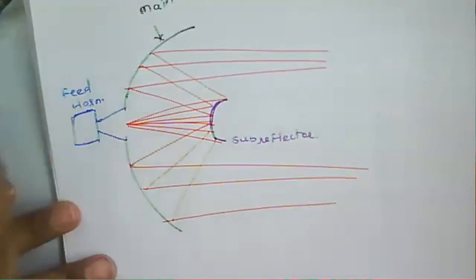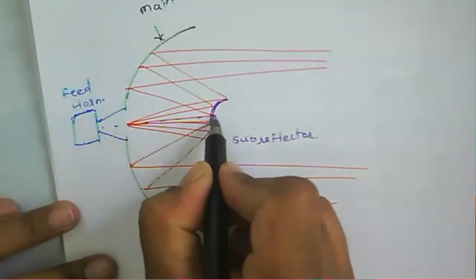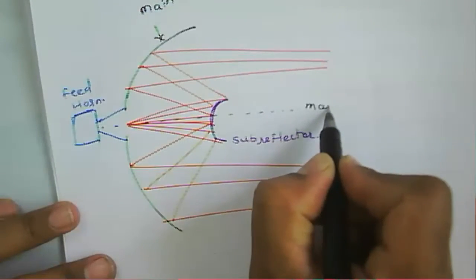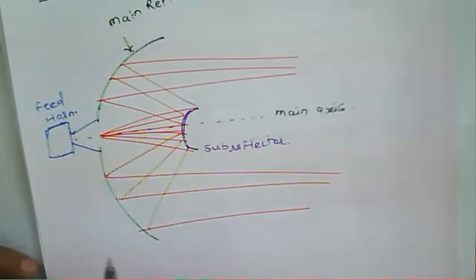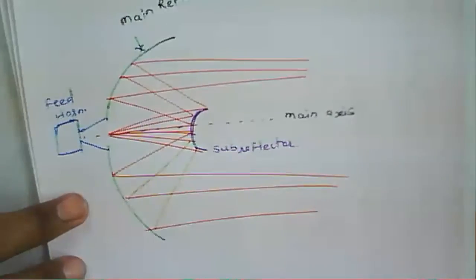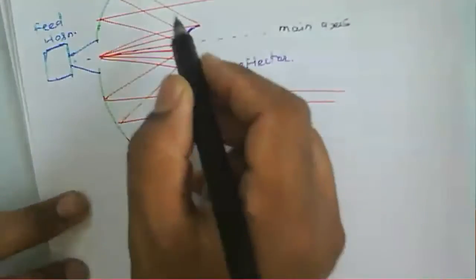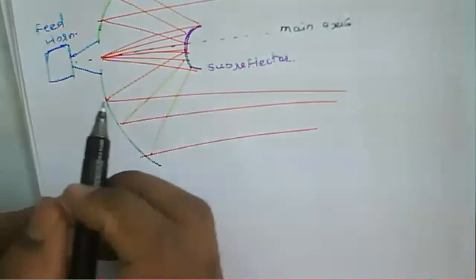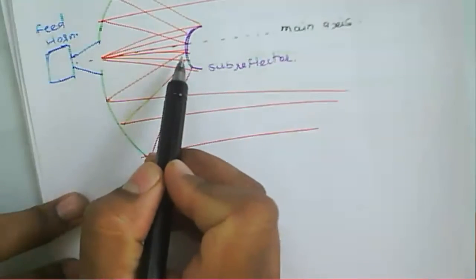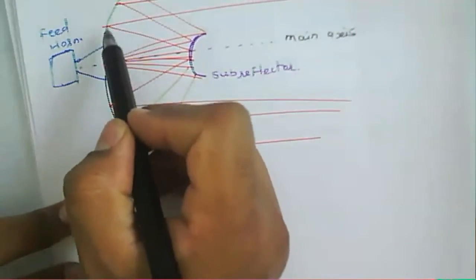This is the main axis. In the case of the Cassegrain antenna, it has a dual reflector: one sub reflector and one main reflector.